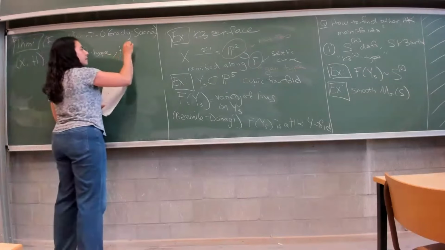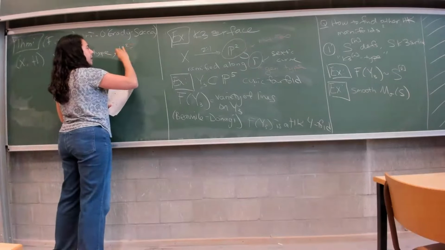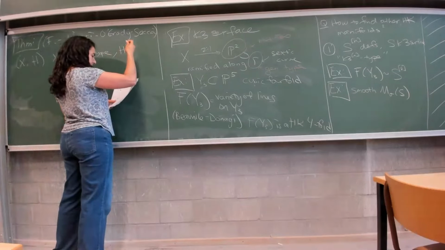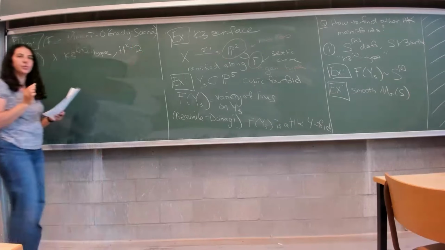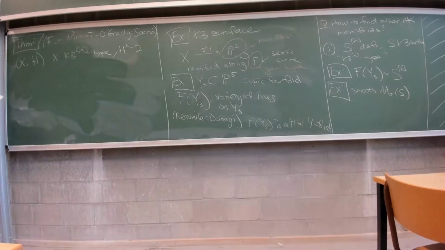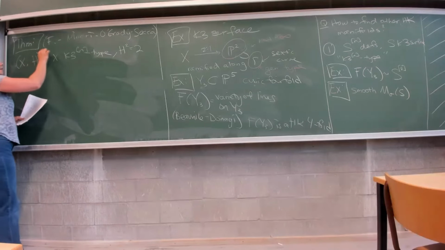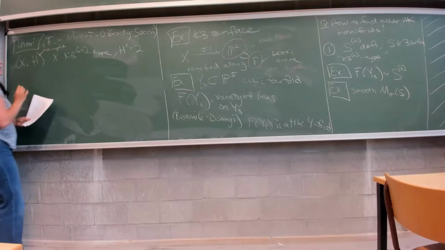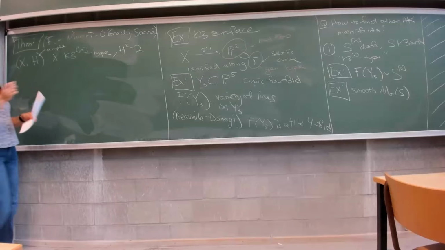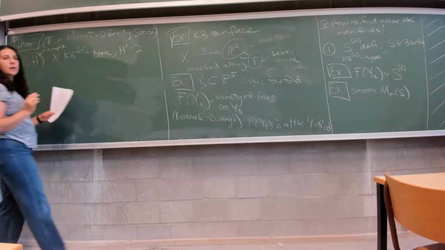And the square of this ample class is 2, using some kind of quadratic form that we have on the lattice of the second integral cohomology of this variety. So I need such a hyperkähler manifold, and I need this square to be 2.